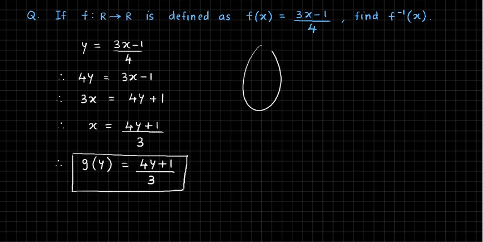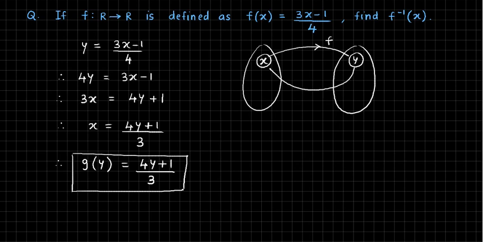So what it means is, if say x is some element in first set and y is some element in second set such that y is the image of x under the function f, then given any y we can find back the original x using the function g, so hence g becomes the inverse function.